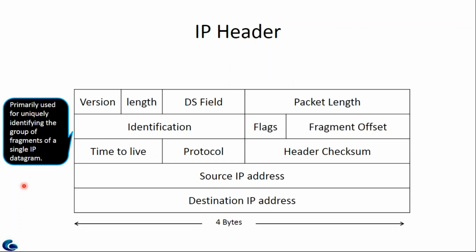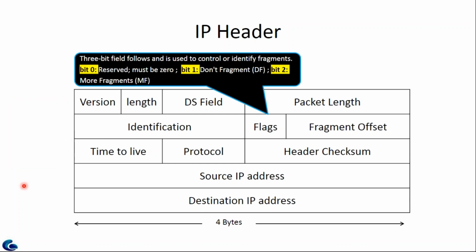Now obviously some packets may be smaller in size, and you may not need fragmentation at all, but some packets are bigger in size, and you may do the fragmentation. So you have a set of flags to tell the receiver. First of all, the first bit is 0; there are 3 bits actually here. Bit 1 is don't fragment, that means this is not to be fragmented, it's a single piece of data, smaller in size, so no fragmentation was done.